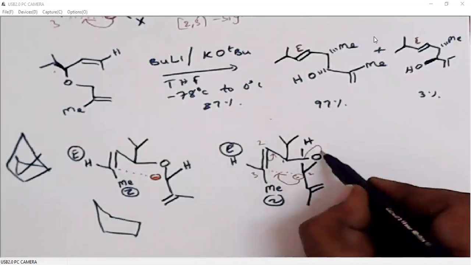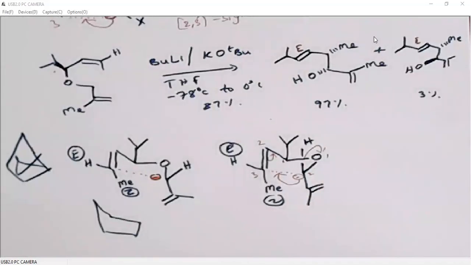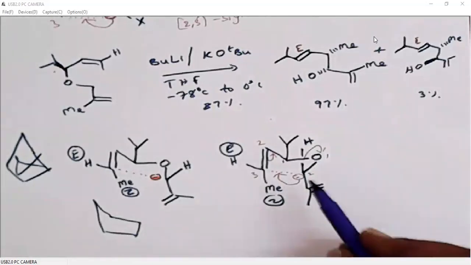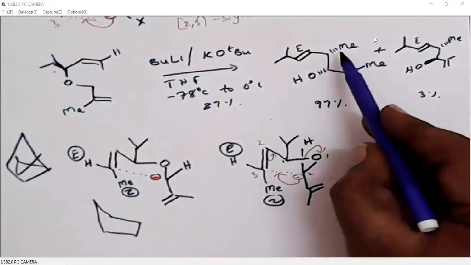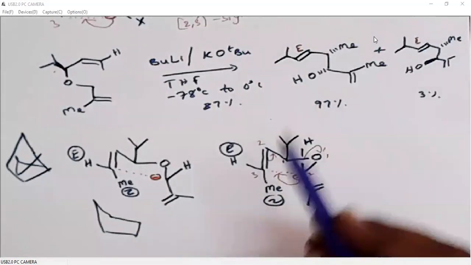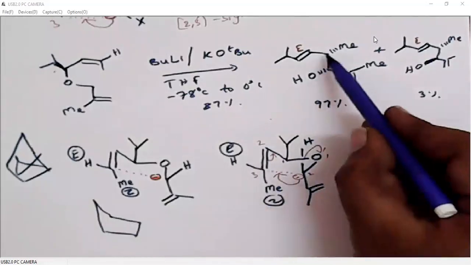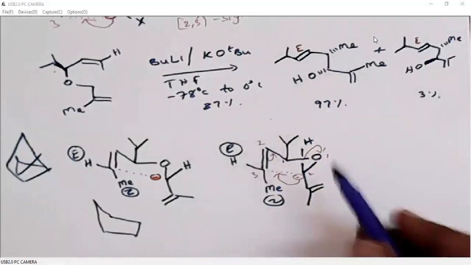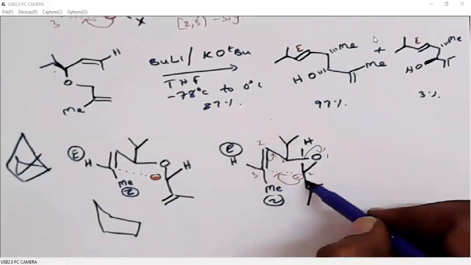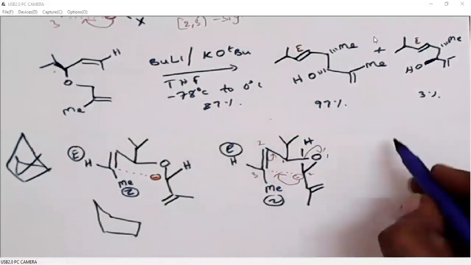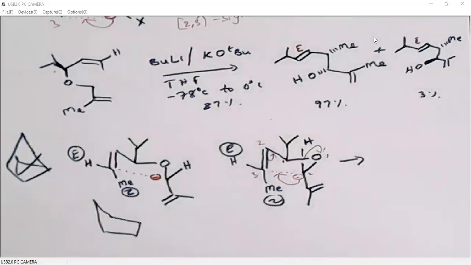Now, while writing the product, we again write this. See, this methyl group is below the plane. Hydrogen is above the plane, of course we don't need to mention it. Then this alkyl group is below the plane. Yeah, this we need to change, right? Okay, so I'll write the product and explain.